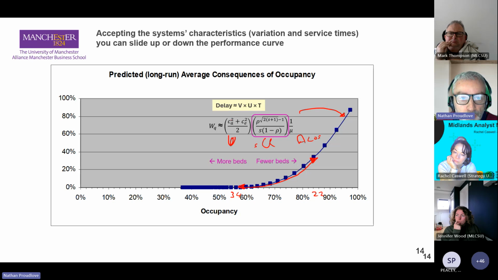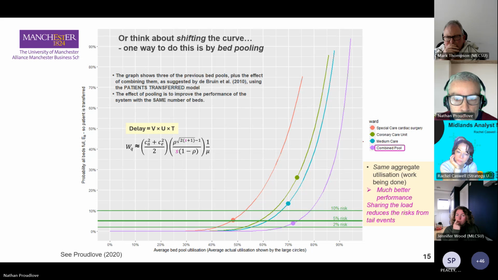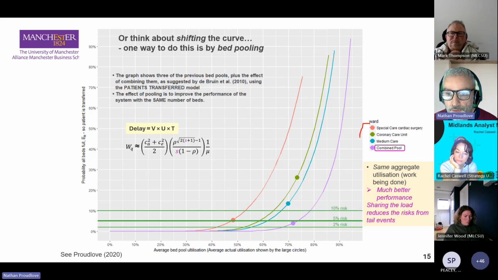The real power and interest of this is saying, well, what if you actually changed the nature of the system, the design of the system, so you moved the curve, you changed the trade-off? So here are, from the Dutch data again, the 3 coronary care bed pools, and this is just a what if. The reality, of course, is there are all sorts of other things going on.